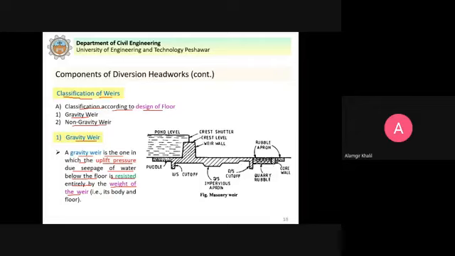You can see here that below the foundation of the weir, we have the uplift pressure that is due to seepage of water below the floor. And the uplift pressure will be in this fashion.